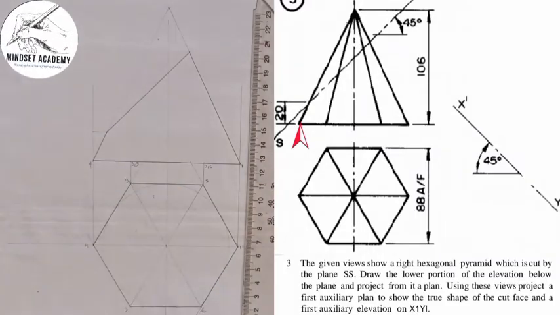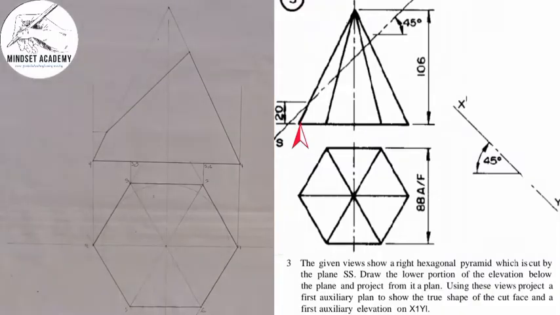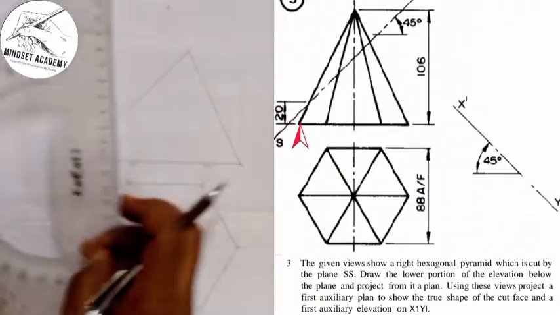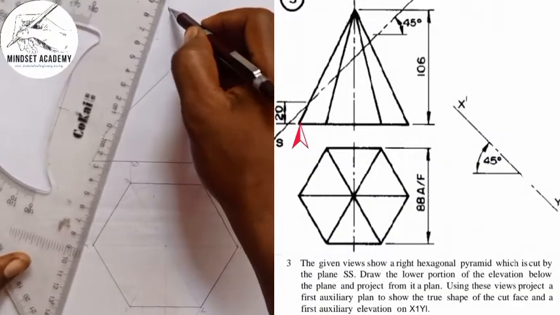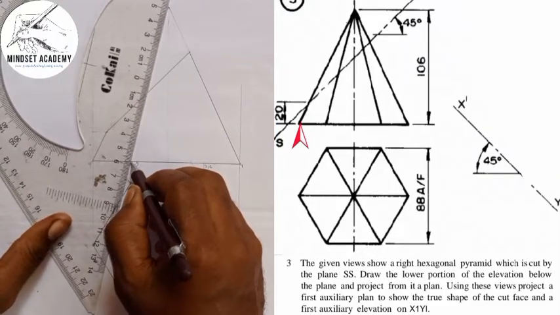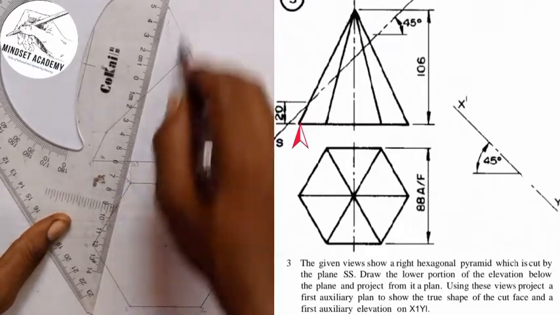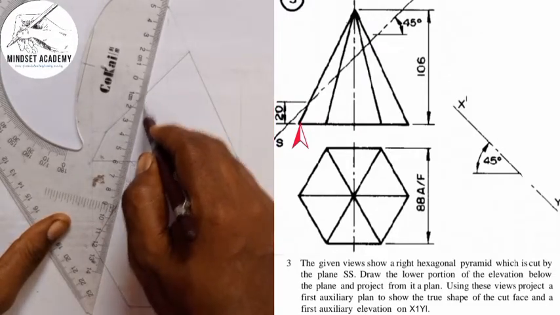Then this last point will be point 4. Now I will act like these points are heading to the center, to the top of the triangle. From this point, I will assume that it is going to the center. So I will just stop at this point here.